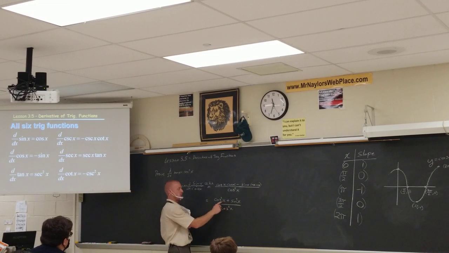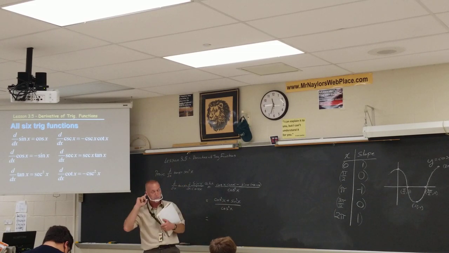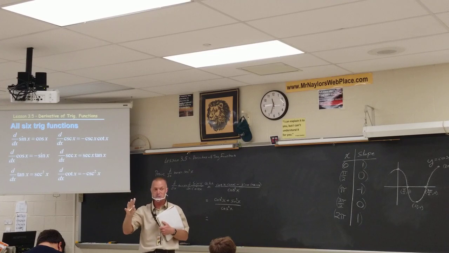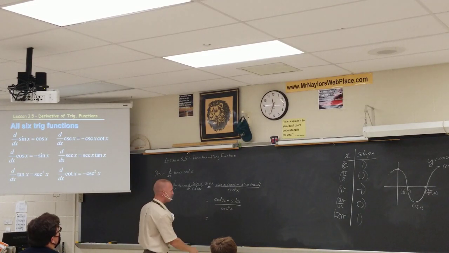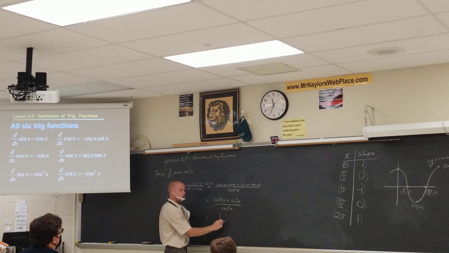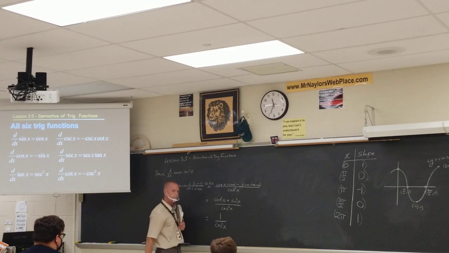Sine squared plus cosine squared. Remember, sine squared plus cosine squared equals 1. That's the Pythagorean identity.